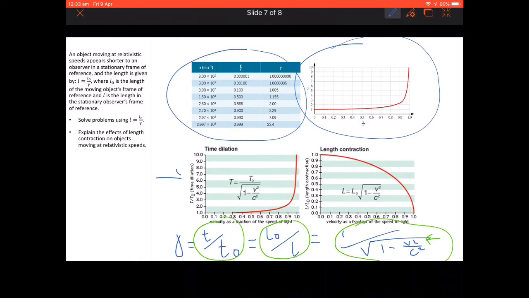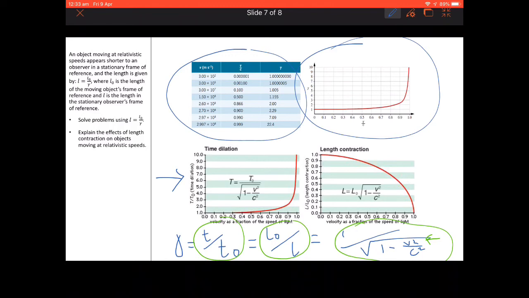The bottom graph on the left, so this one here, illustrates that as relative velocity increases, time dilates in the stationary observer's reference frame. So the ratio of time in a stationary observer's frame to the time in a moving object's reference frame increases.